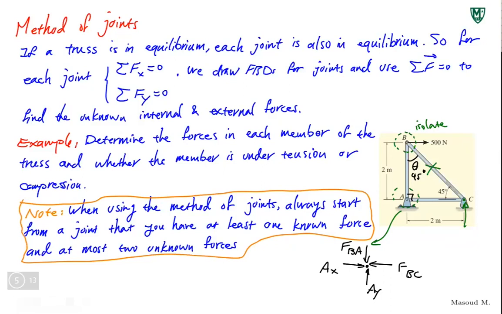Now the problem with this is that if I want to go with A and find F_BC, well, I still can do that. I know A_X and I know A_Y, right? So I can just use this. I have three unknowns, so I can't use that, sorry. I don't know what F_BC is, I don't know what A_X is, and I don't know what A_Y is. We said we should have at most two unknown forces. So A is not going to work for me.